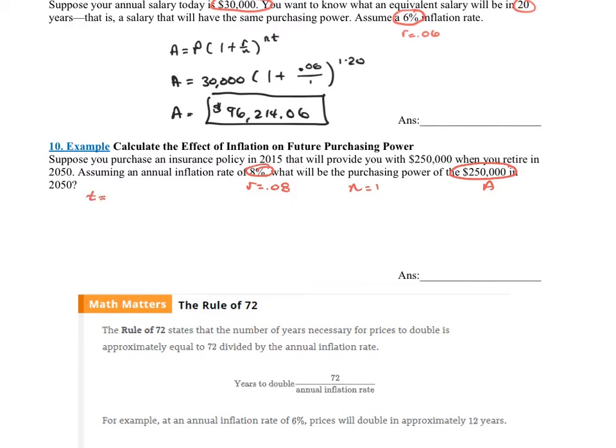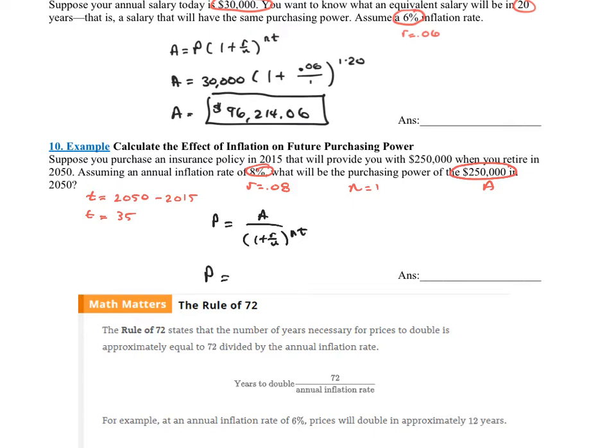So how are we going to find time? Well, we're going to do 2050, the year that it ends, minus 2015, the year that it started. That gives us a total of 35 years that the value of today's money is going to increase. 35 years of inflation. And so we are going to be using the formula now, P equals A over 1 plus R over N to the NT, because we want to solve for the present value.